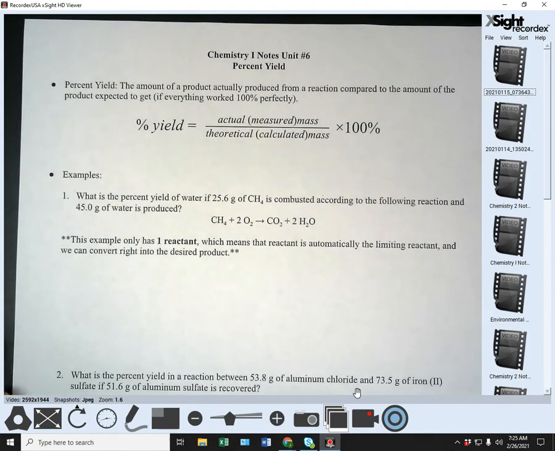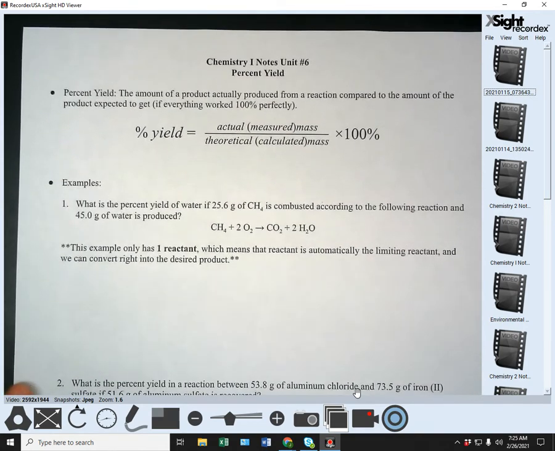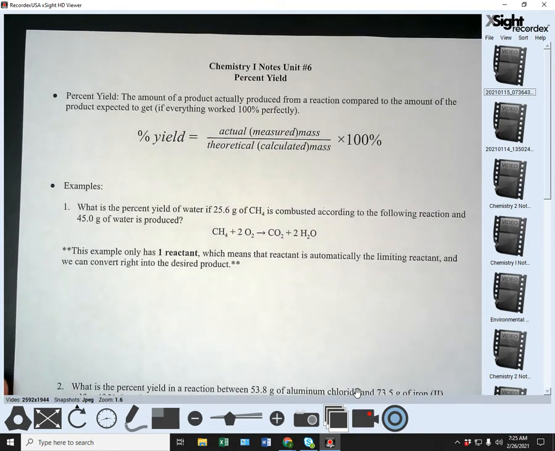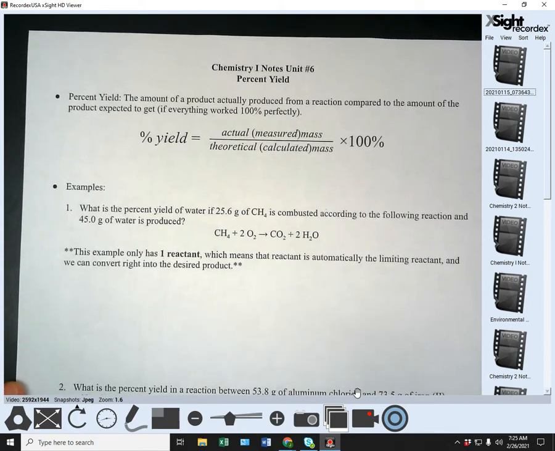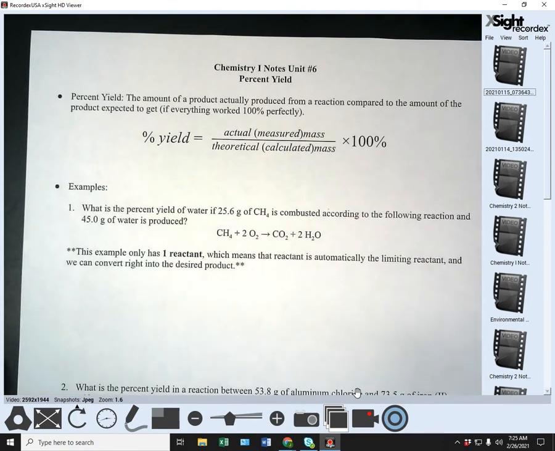And again, in real life, we know that it's very rare that things go 100% perfectly, right? Maybe some of the reactants get lost or don't get transferred fully.